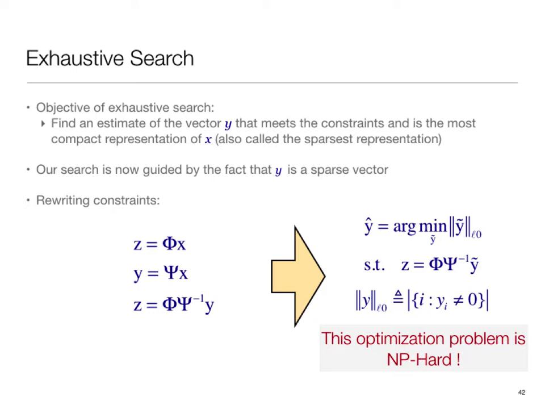So the reconstruction problem becomes that I want to find a y such that z equals this, so that this constraint is met, and there is some sparsity requirement. I want small values of the parameters. Details don't matter so much out here, but the main thing is that there is a hard optimization problem that you have to solve.